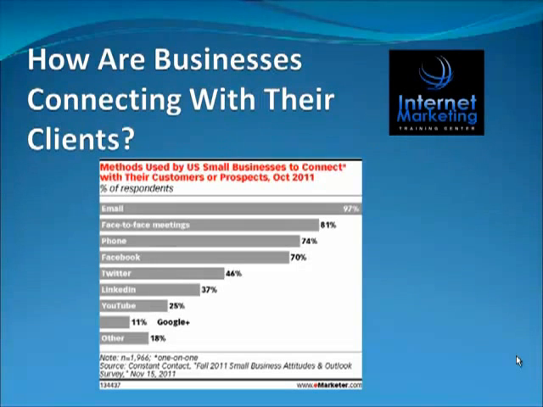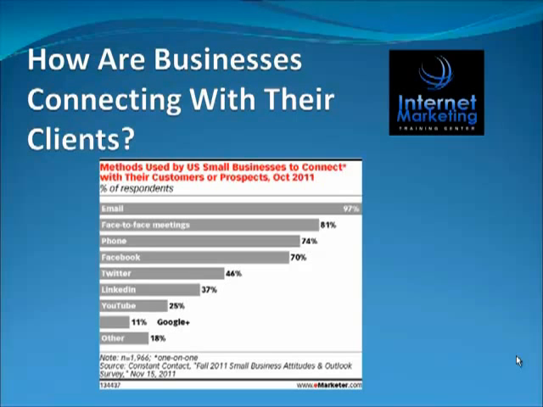Just to take a look at how businesses are connecting with their clients right now. This is a little report from last year, but you can see that 97% of people are corresponding with their customers or prospects through email. There's still face-to-face meetings and phone meetings, but how are people finding your phone number? Through a website. And how are you setting up a face-to-face meeting? Through an email.